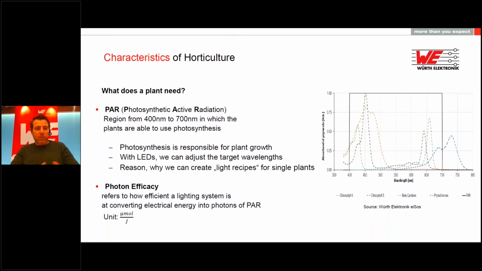On the market, you can find it between 400 and 700 nanometer. In new products, it usually goes up to 800 nanometer, the extended region for the far red product. Basically, what we can see here is that if we provide the plant with some specific wavelengths, we can boost different processes.